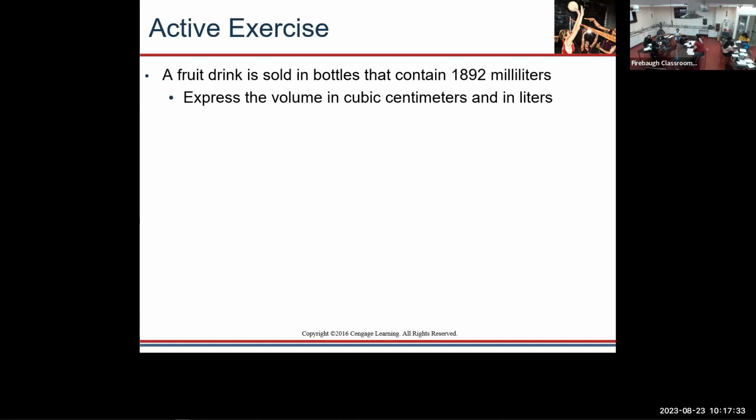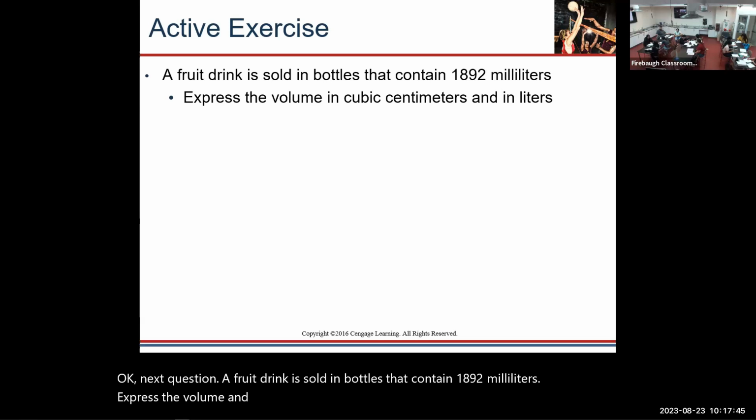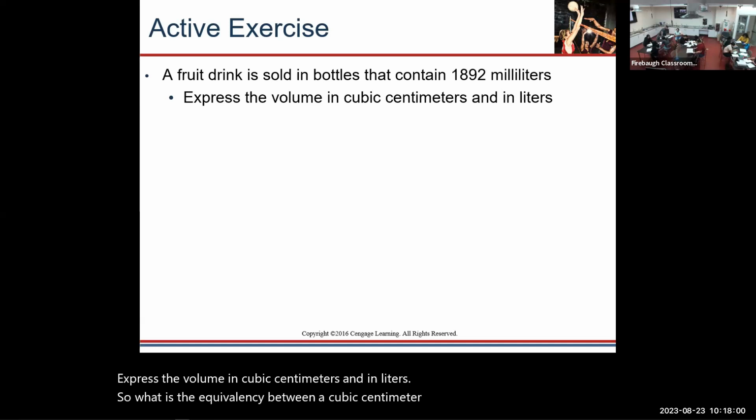Okay, next question. A fruit drink is sold in bottles that contain 1,892 milliliters. Express the volume in cubic centimeters and in liters. So what is the equivalency between a cubic centimeter and a milliliter?